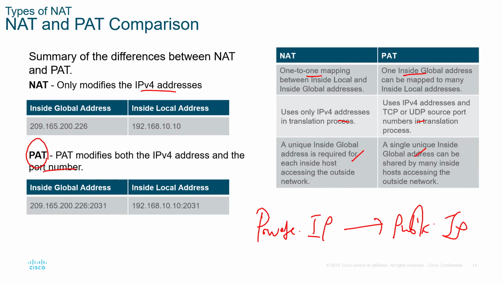For every device that has a private IP address, we are going to map it with a public IP address. We are not conserving anything. So static NAT is not much about conserving. I think it's more to do with having a consistent connection, communication with a server that is outside the network. That's where it is very useful, not conserving IP addresses.